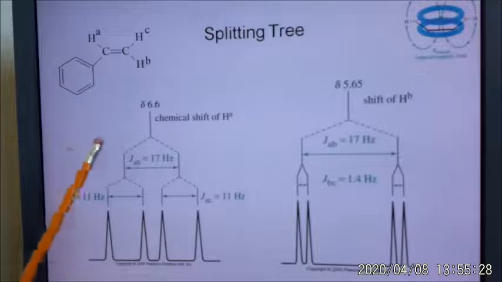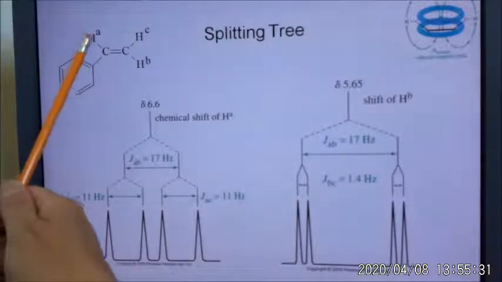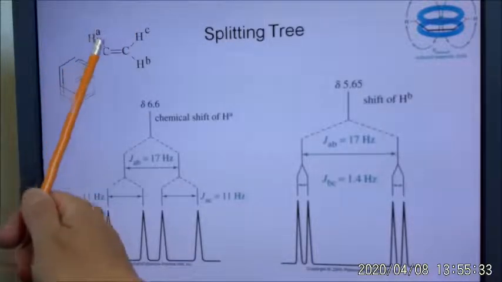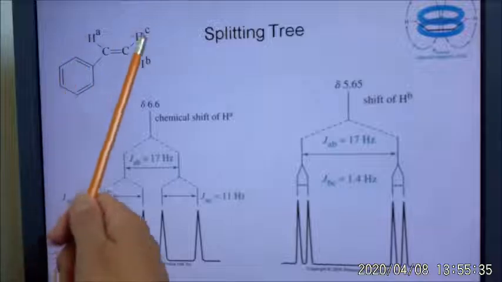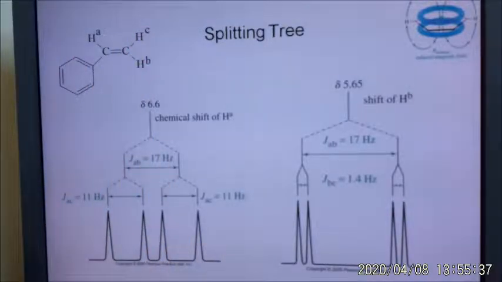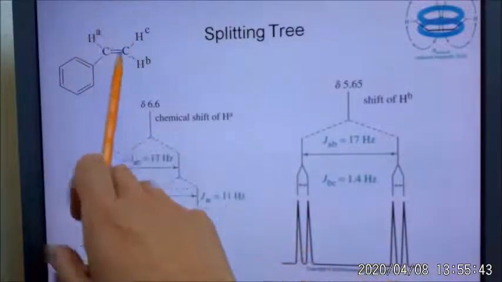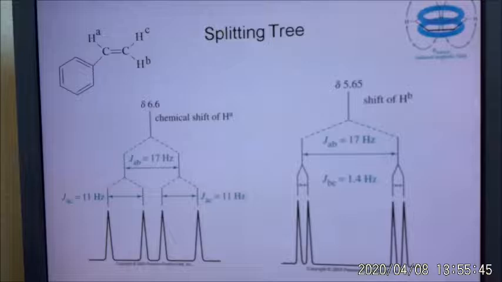So let's take a look at A. A is split by C and by B. Since these are not equivalent, we don't get the n+1 rule. We separate them out. So you have a doublet and a doublet, what we call a doublet of doublets. So A to C is 10 hertz.